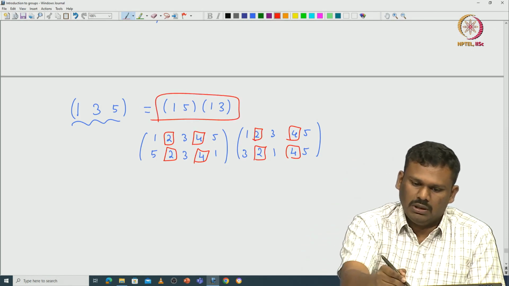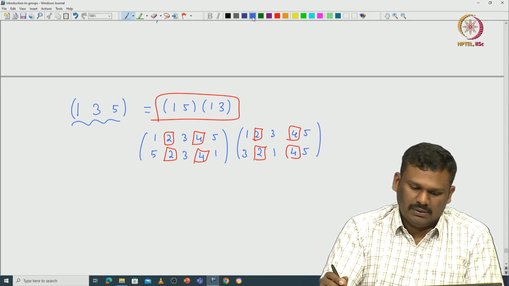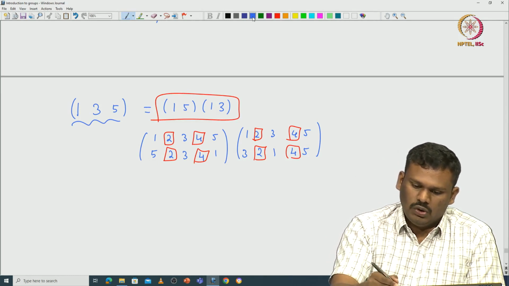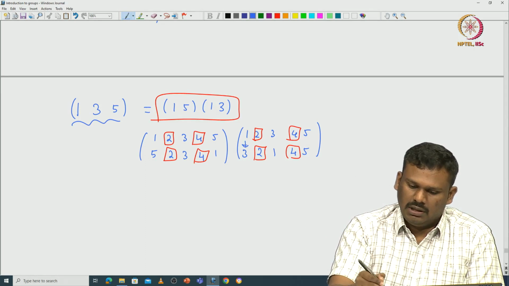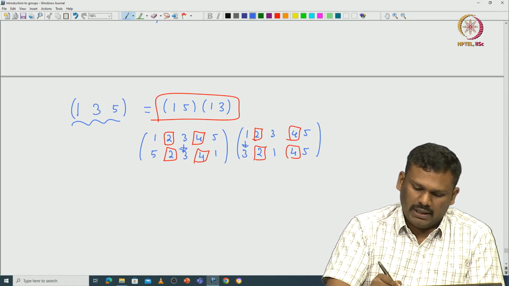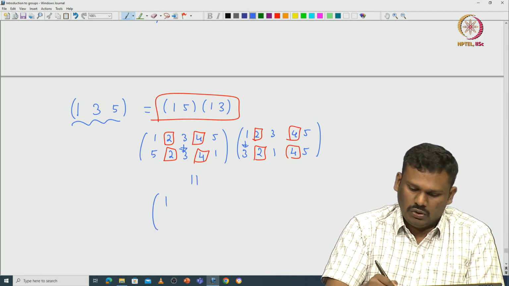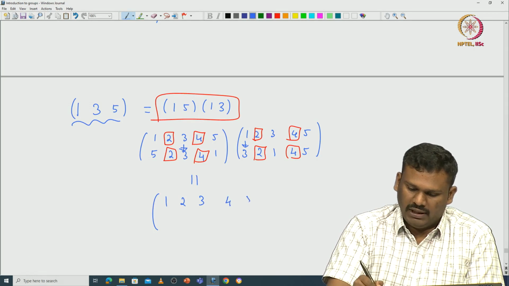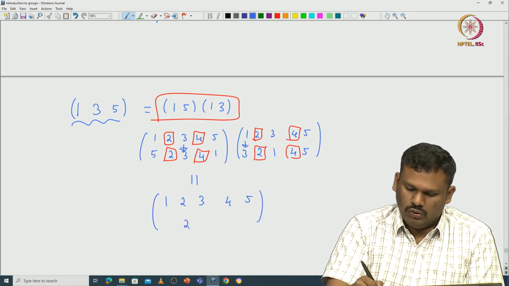Okay, no issue. Now if we take for example 1, then what will happen? 1 goes to 3 and then 3 goes to 3. So in the product, 2 goes to 2, 4 goes to 4 and 1 goes to 3.